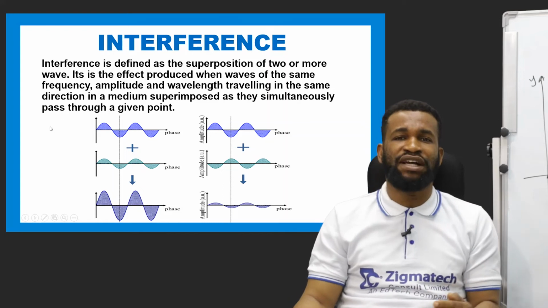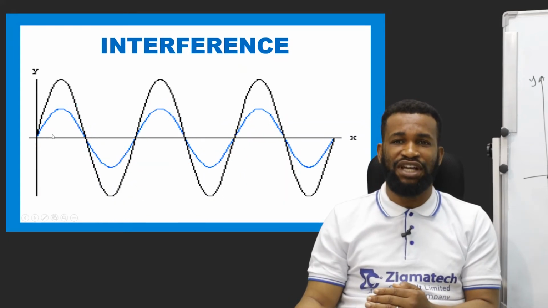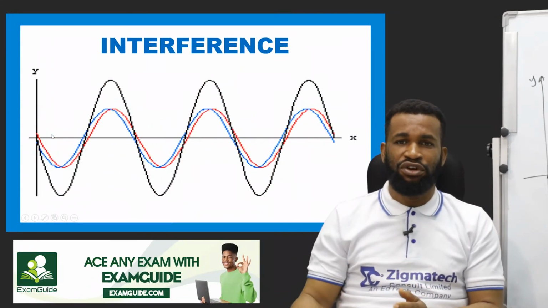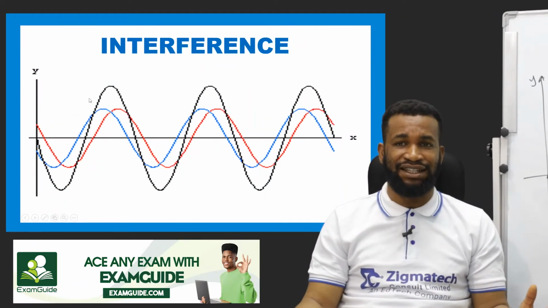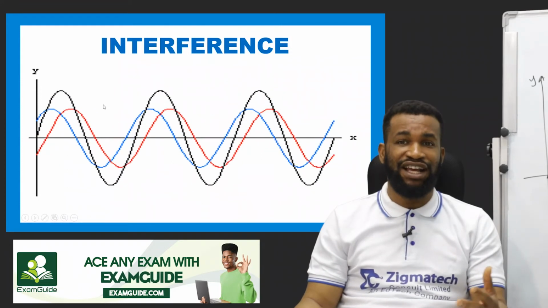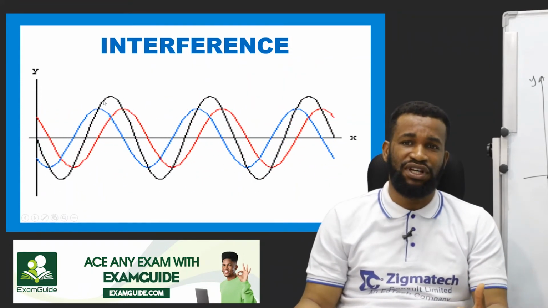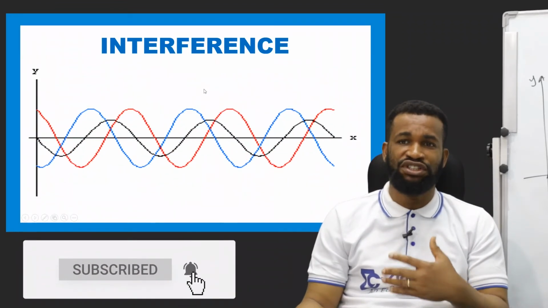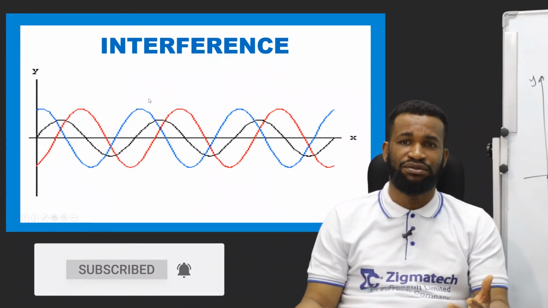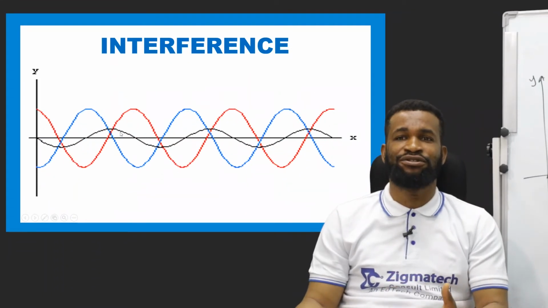So the superimposition there is simply the effect, or the resultant, of the two waves put together. That is why you see the black wave, which is showing the superimposed wave.